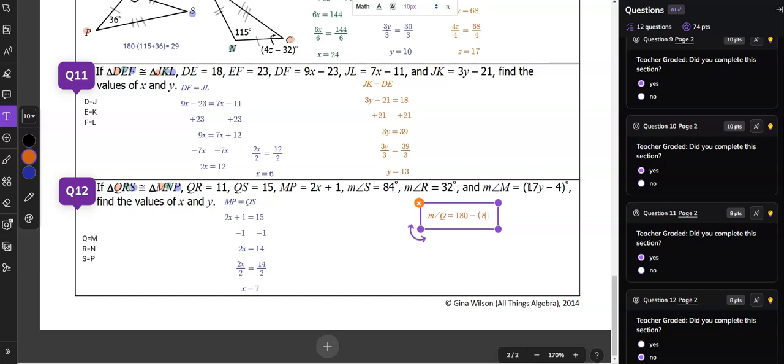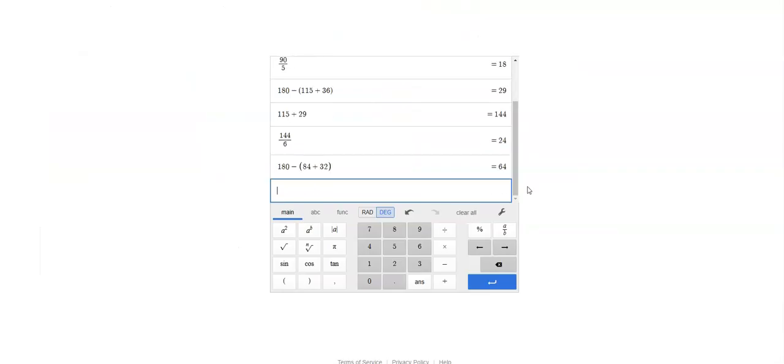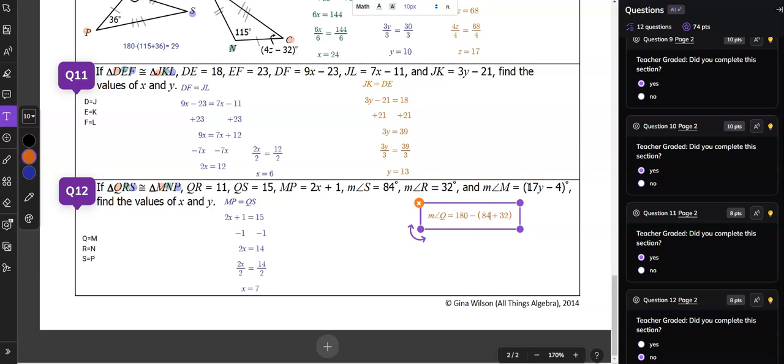So that's going to be 180 minus 84 plus 32. And that gives us 64 degrees. So the measure of angle Q, therefore the measure of angle M.